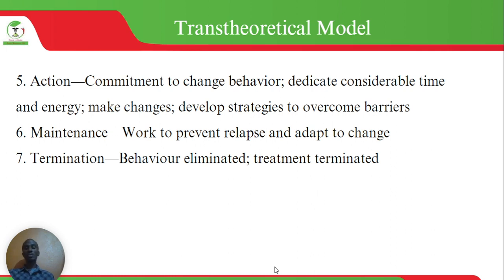In the case of the person who has been physically inactive and now they are already doing those physical activities and have already devoted their time and energy to do the same, you expect them to work in a way that prevents relapse. They make sure that they do not return to their old self of being physically inactive.